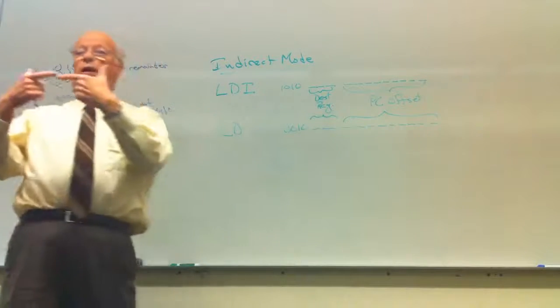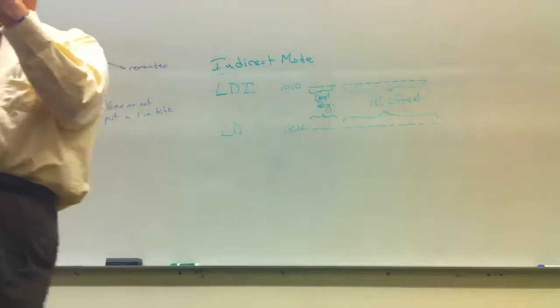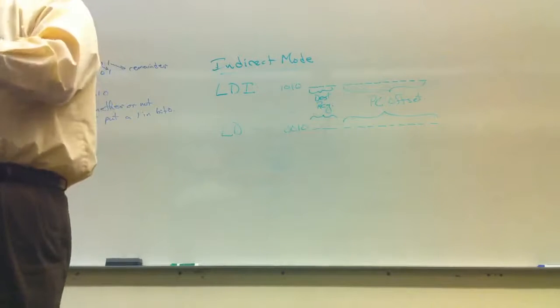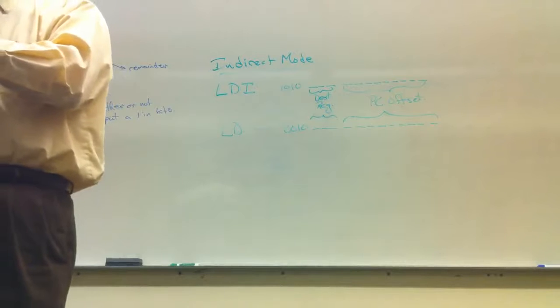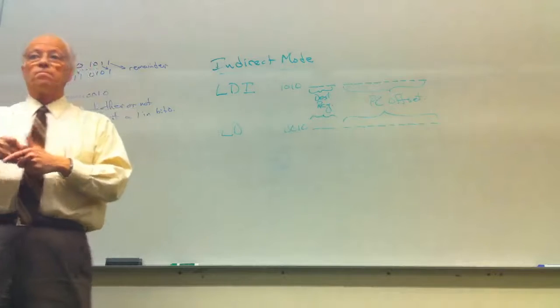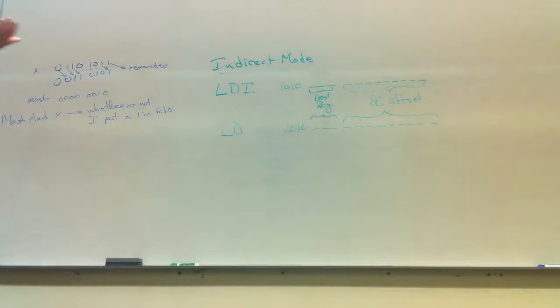With the load indirect, it takes the contents of that memory location and puts it in the memory address register and fetches something out of that location. That allows you to get anywhere in memory, because you can store a full 16-bit address in that memory location, and then by using the load indirect, boom, you can go anywhere.